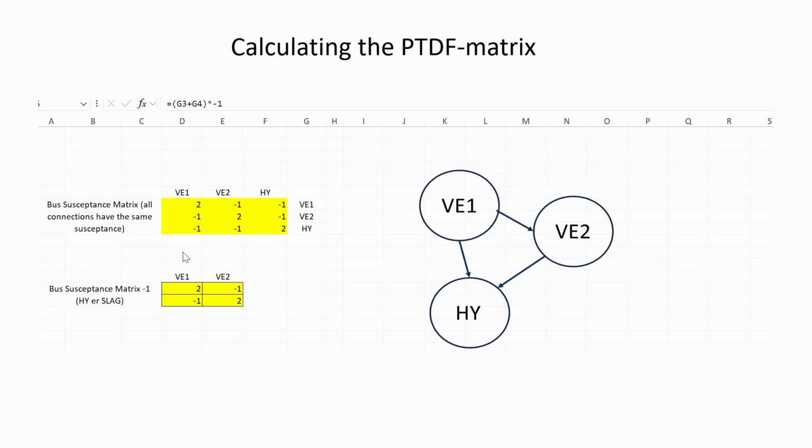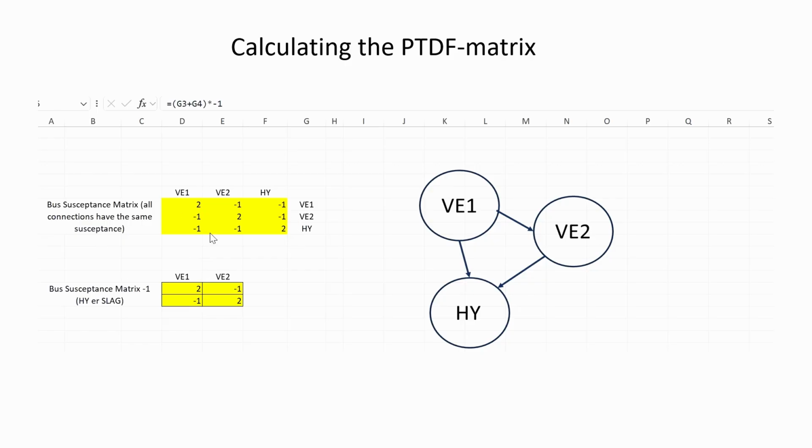We start by setting up the susceptance matrix, and the way we do that is that there are two lines out of V1, going to V2 and V3. The two lines out of V2 go to V1 and V3, and there are two lines out of V3 going to V1 and V2.